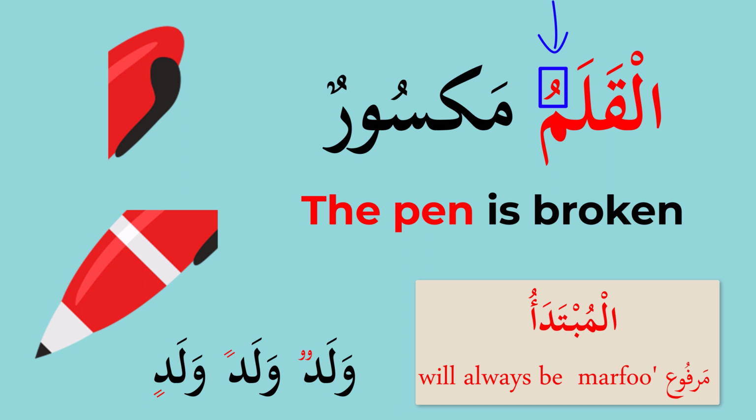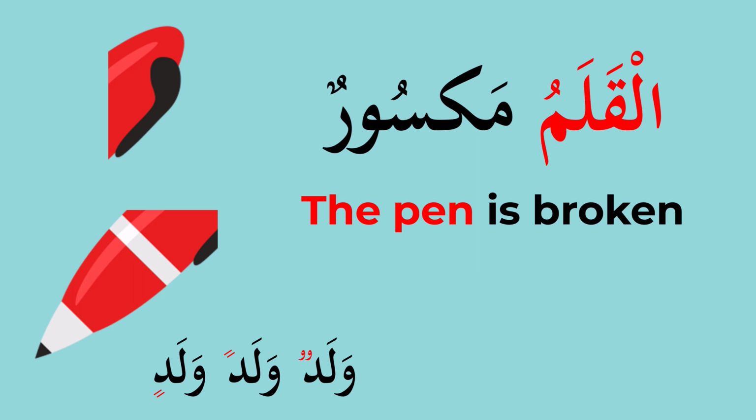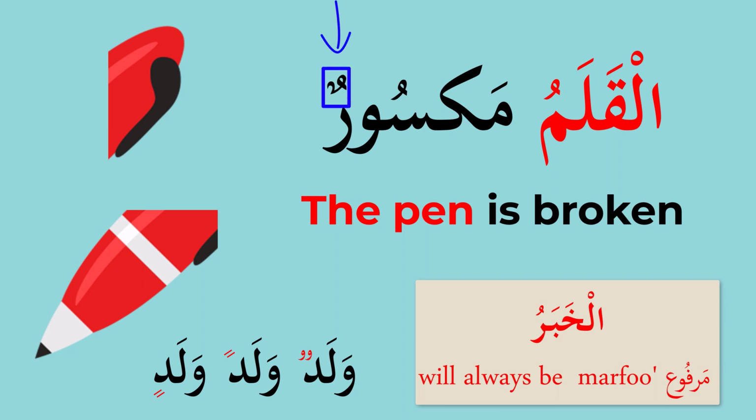Now, as I said, we want to know why they are marfu and mansub and majroor. So if it is a mubtada, it will always be marfu. And if it is news, khabar, then also it will always be marfu. And if there are no vowel signs, we will still make it marfu.